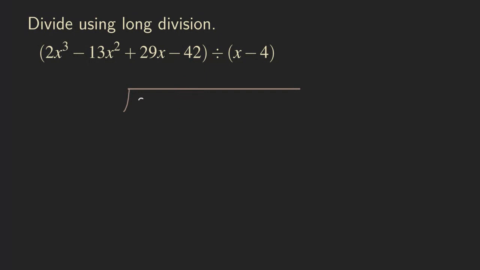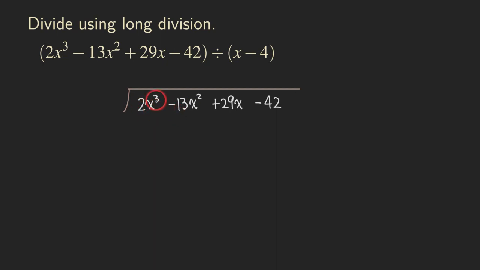So we get 2x cubed, minus 13x squared, plus 29x, minus 42. Know that I actually put the sign together with the term, so we treat it as 2x cubed plus negative 13x squared. Let me repeat that one more time.